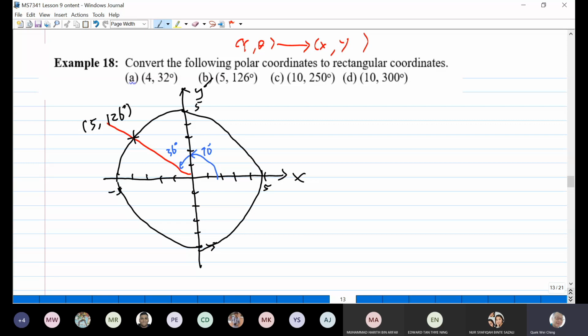From here, if you draw a triangle, you find that x is negative and y is positive.